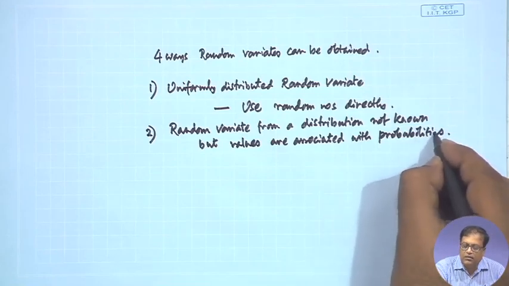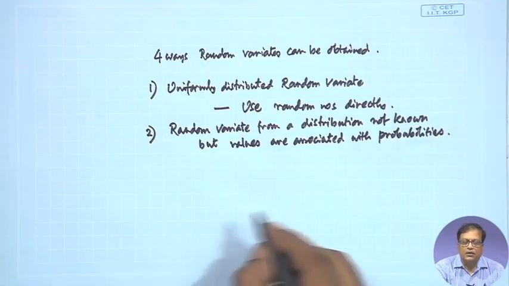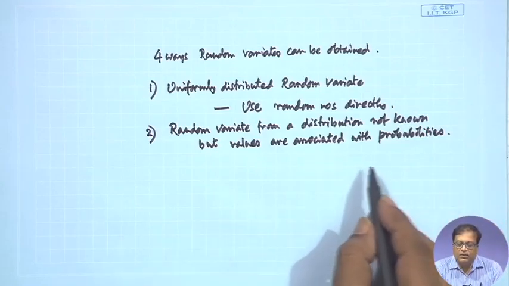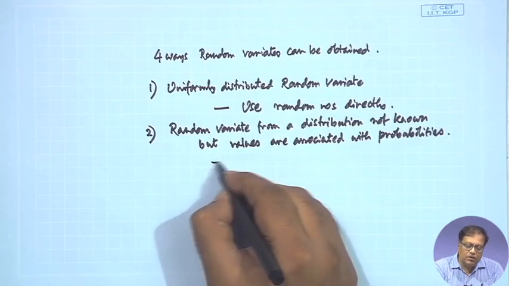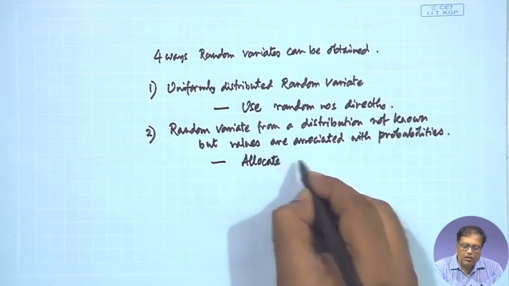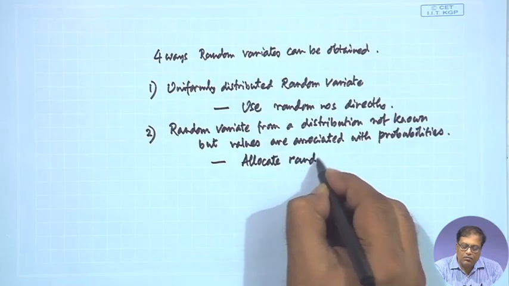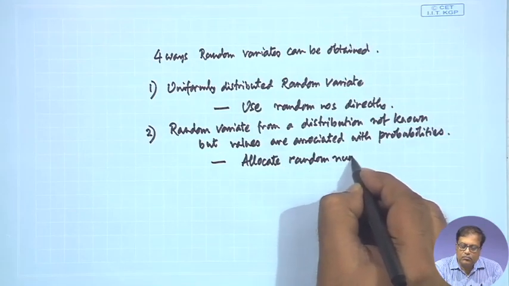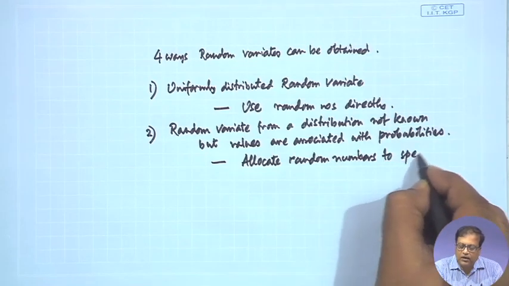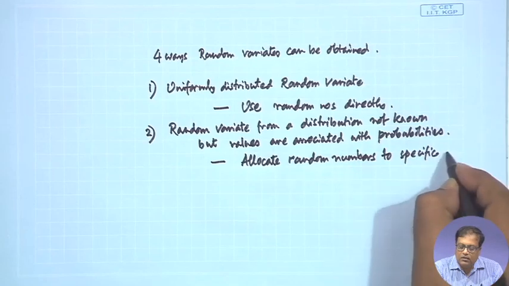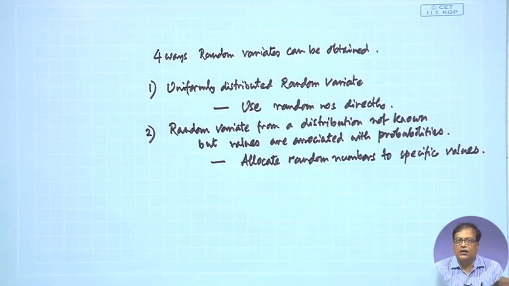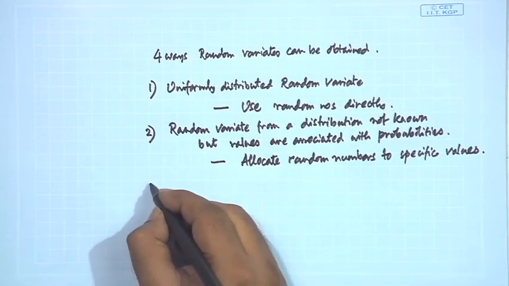Like we have done in the queuing problem example, right. So, what we can do? Allocate random numbers to specific values. This we have seen in the queuing examples, right? Allocate random numbers to specific values.